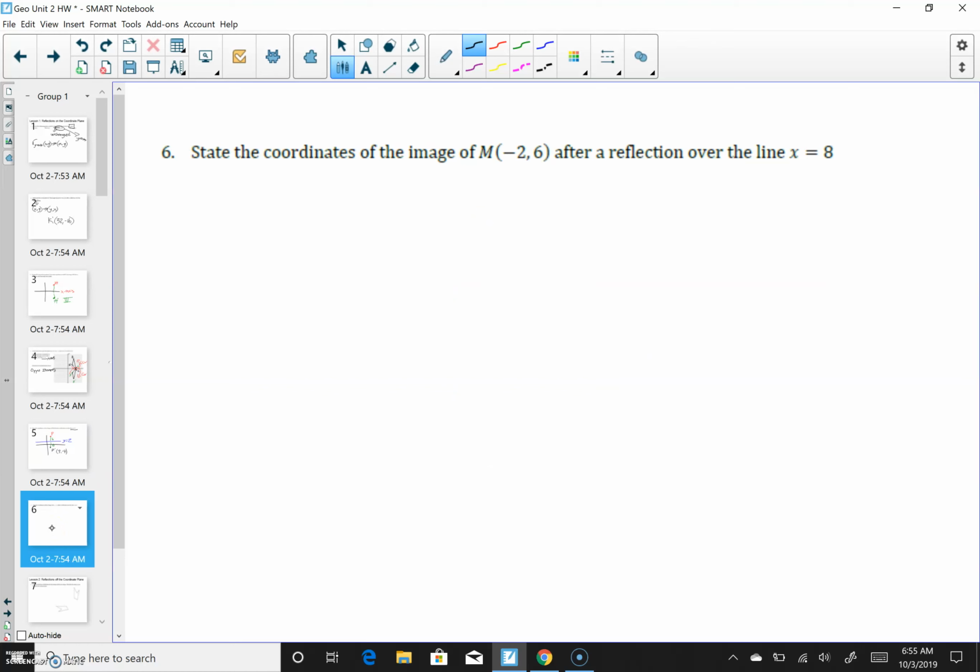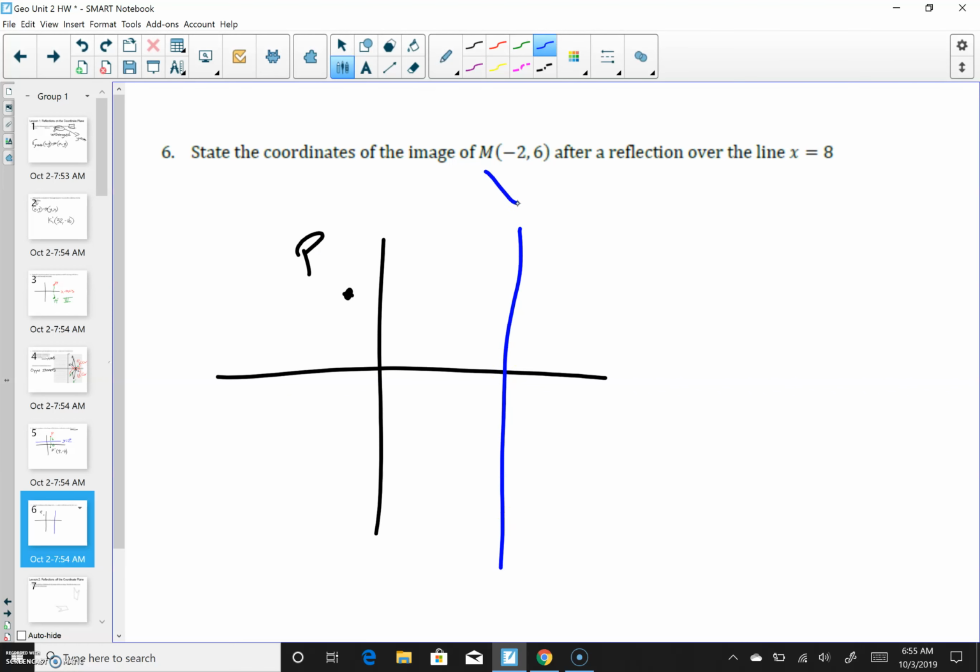Number 6, state the coordinates of the image of M (-2, 6) after reflection over the line x equals 8. Again, we'll estimate where (-2, 6) is. X equals seems like a horizontal line because the x-axis is, but x equals 8 is actually a vertical line. We're going to do the same process that we just did and count till we get to that line. To get from an x value of -2 to an x value of 8, we have to count 10 spaces.